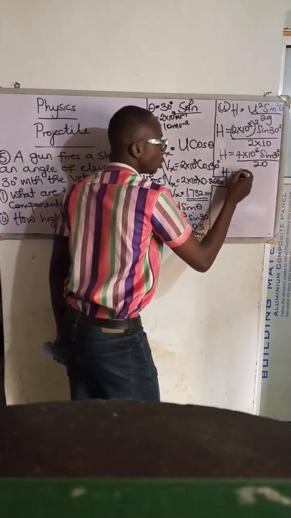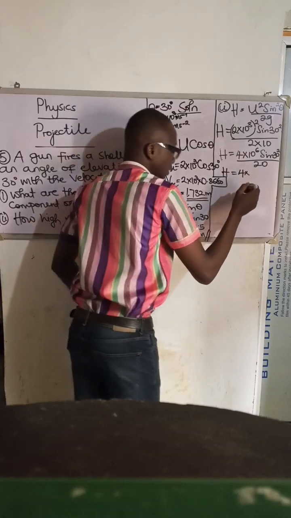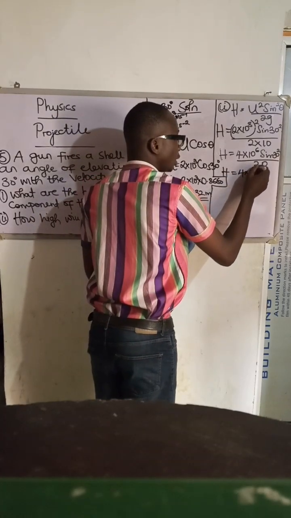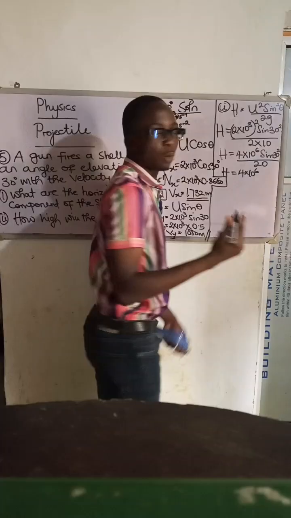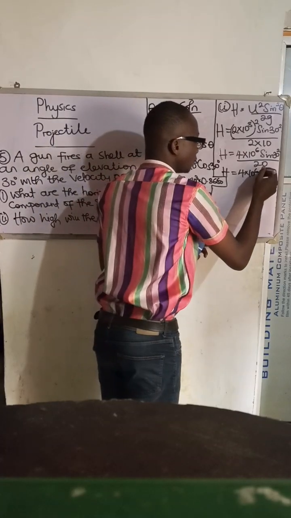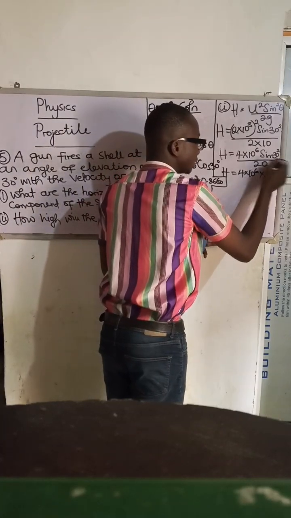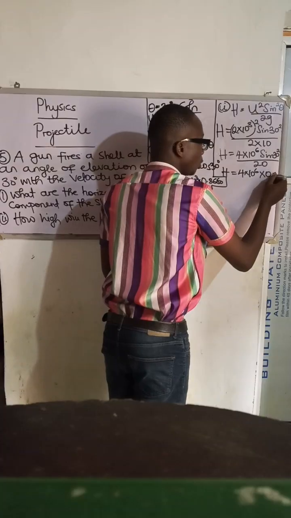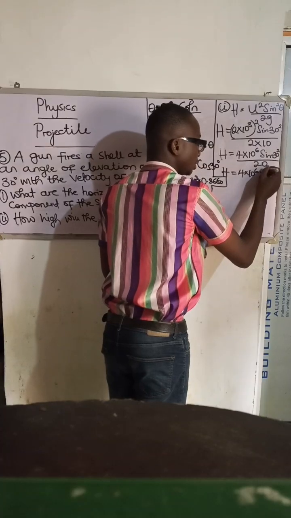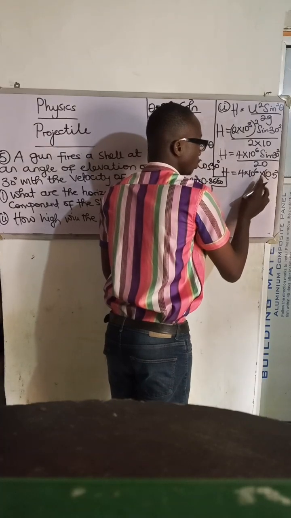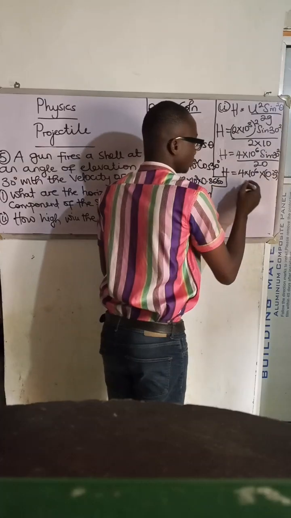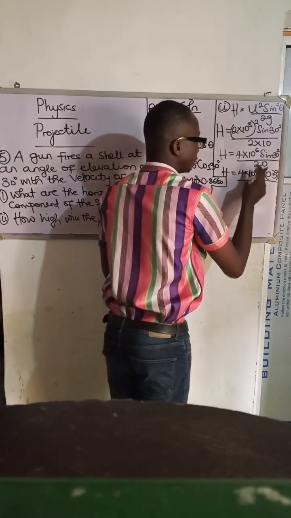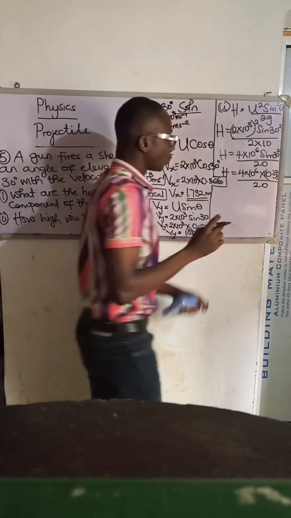H is equal to 4 times 10 raised to the power 6. Sine 30 is 0.5, so we have 0.5 squared, all over 20. Please follow the step.